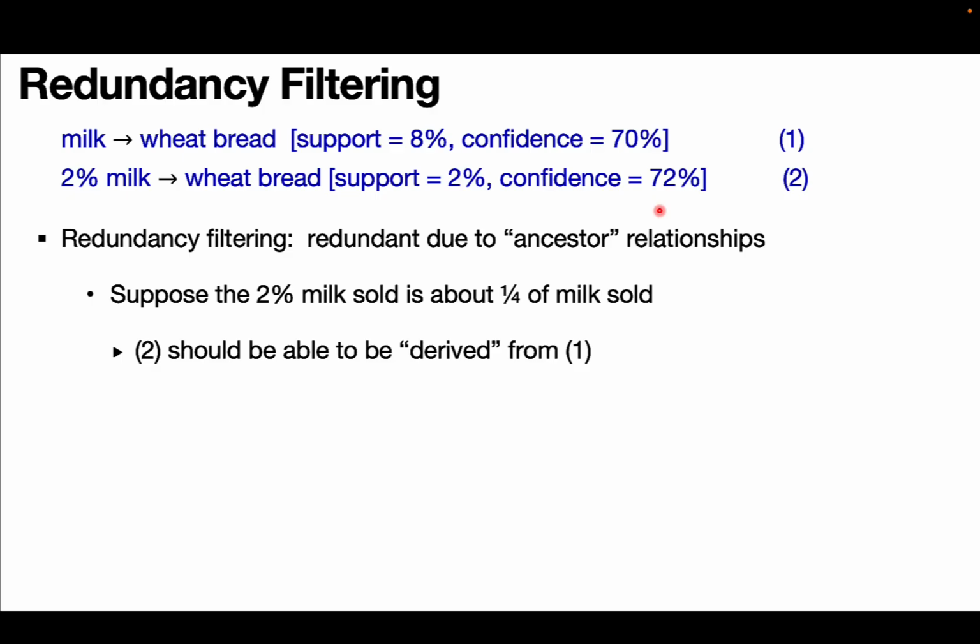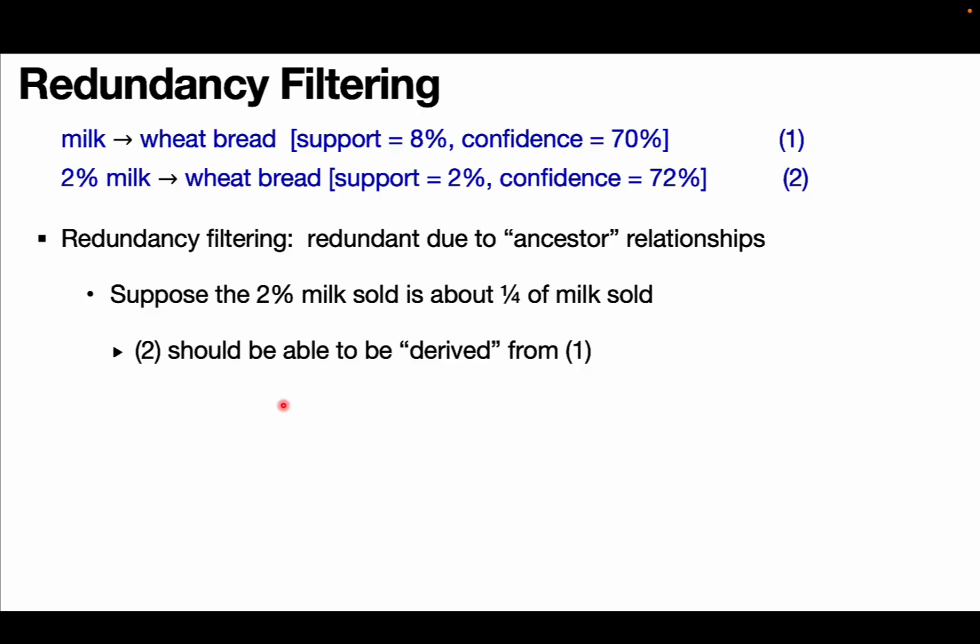Notice how the second rule is simply a subset of the first one. 2% milk is a subset of milk. Now, suppose that the sales of the 2% milk are about 1/4 of the total milk sales, then the fact that the support drops from 8% to 2% is not surprising at all.